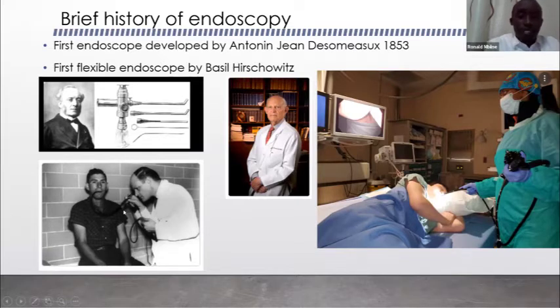Basil is credited with having invented the flexible endoscope. Thanks to that gentleman, medical practice has significantly changed. Endoscopy is one of the technological marvels even to this date. Simple as the instruments look, a lot of science has gone into developing them.